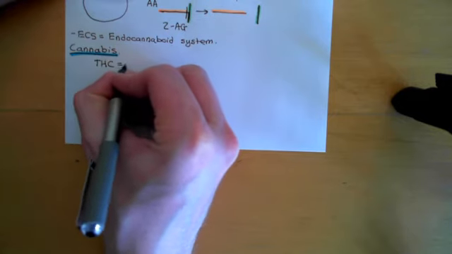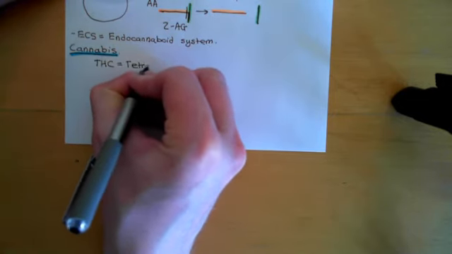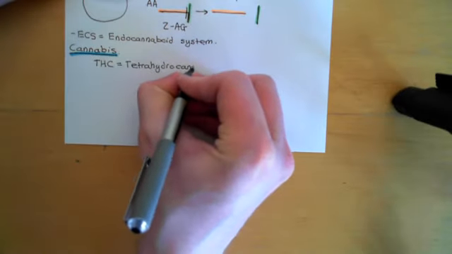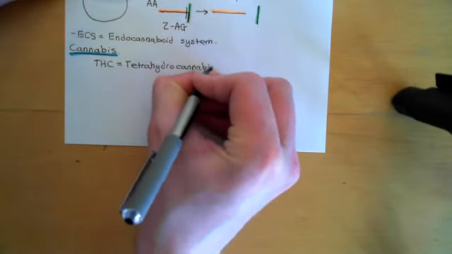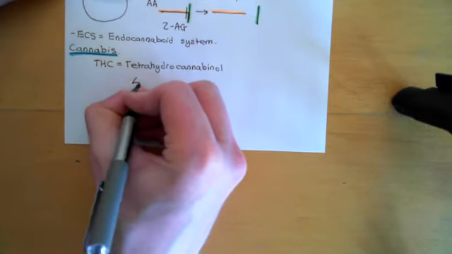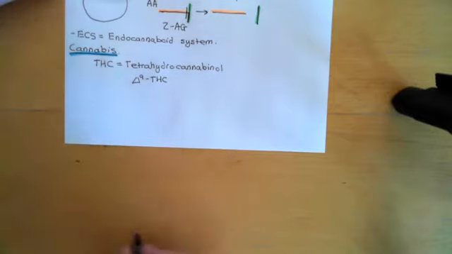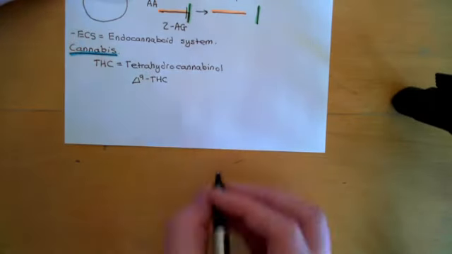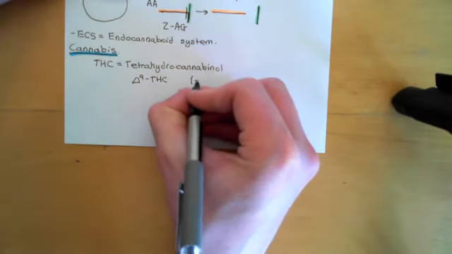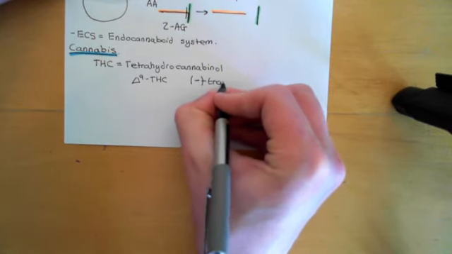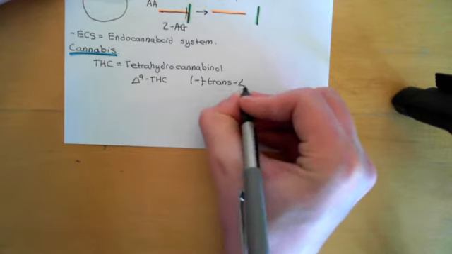Okay, so this stands for tetrahydrocannabinol. Now if you're being slightly more proper, you will call it delta-9 tetrahydrocannabinol. So you might call it delta-9 THC, or if you're being absolutely strict like a chemist, you will call it negative trans delta-9 tetrahydrocannabinol.